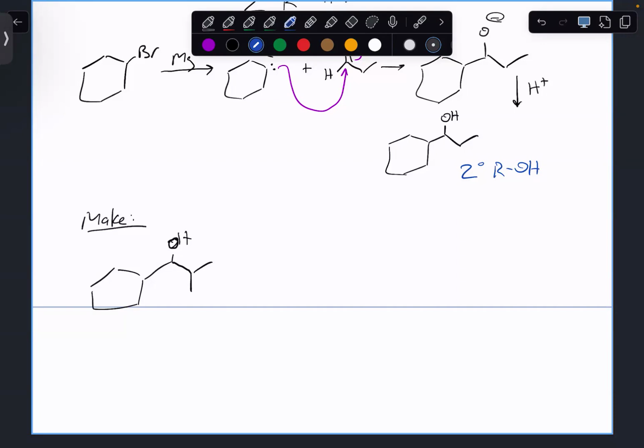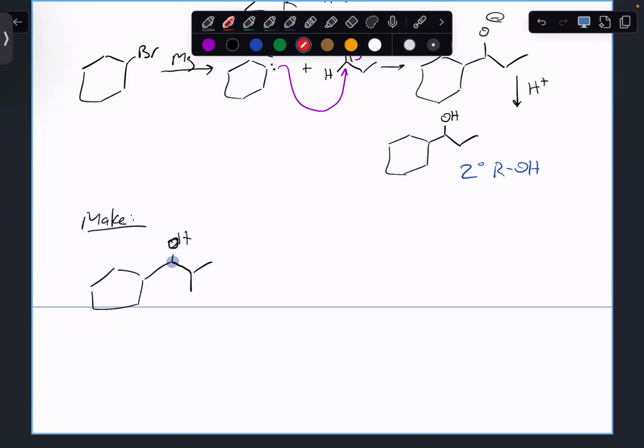Now, the thing to remember is the carbon that's holding on to the OH used to be a carbonyl. So that means you're going to split this. There are actually two possibilities for the disconnection.